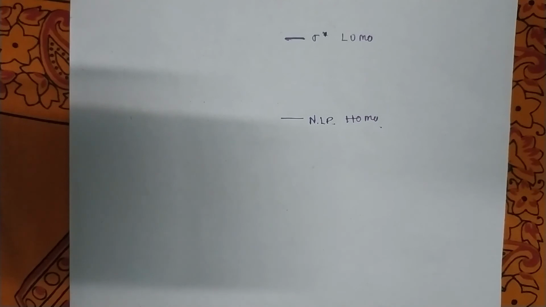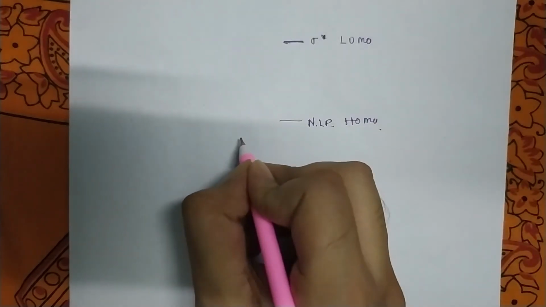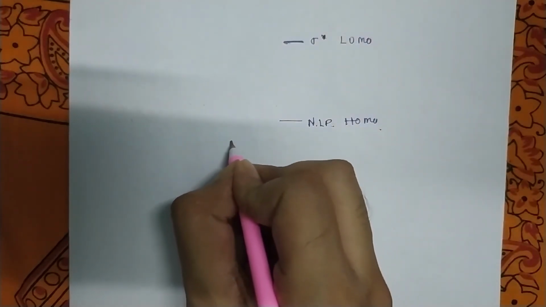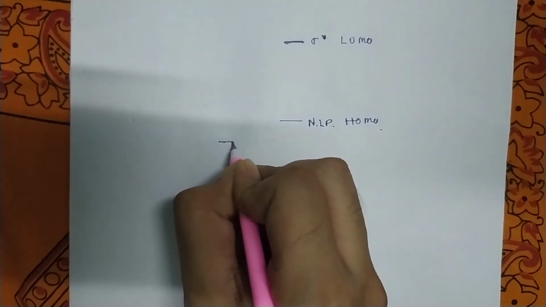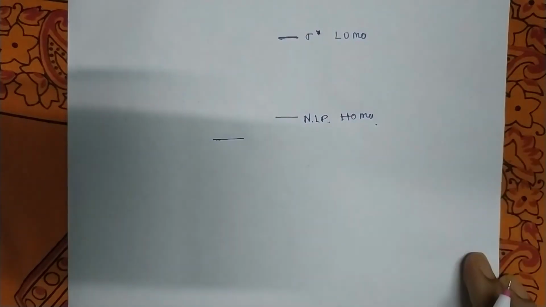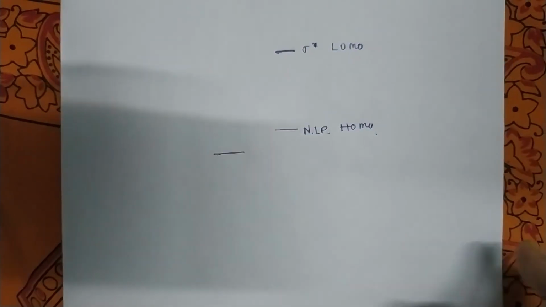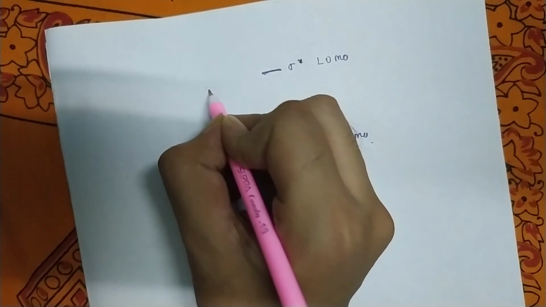So if we increase the solvent polarity of the medium, the non-bonded lone pair orbital will be much more stabilized than the sigma star orbital. So what happens here? The energy of the non-bonded orbital will be stabilized, and the stabilization of the non-bonded orbital will be higher than that of the sigma star orbital.